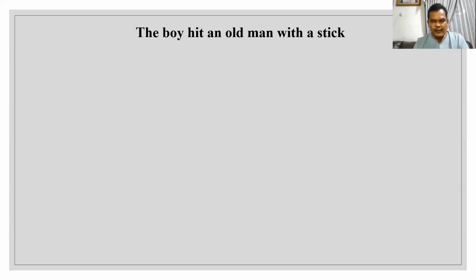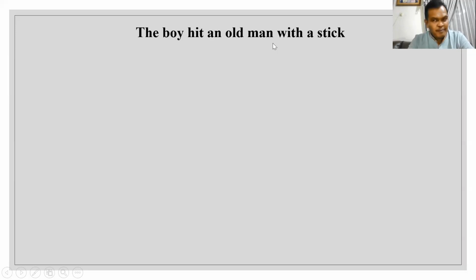I believe that you can find two different meanings in this sentence. What is it? Okay, the first one, the boy hit an old man with a stick. It means that a stick is used by the boy to hit an old man.